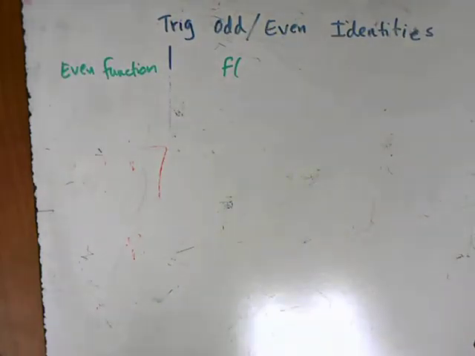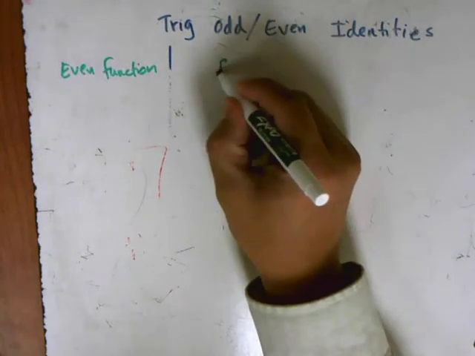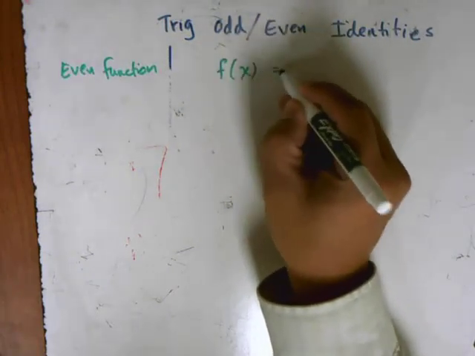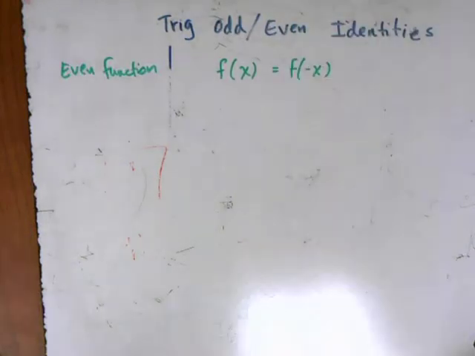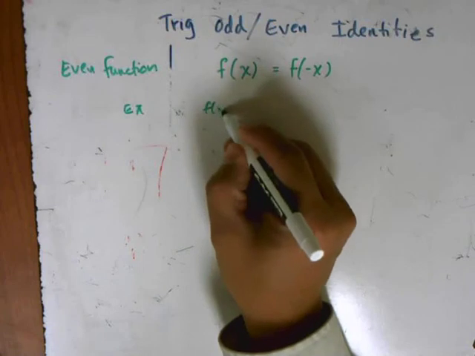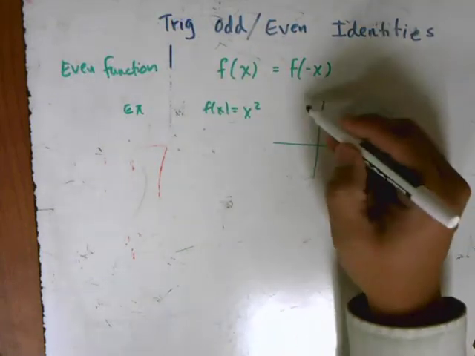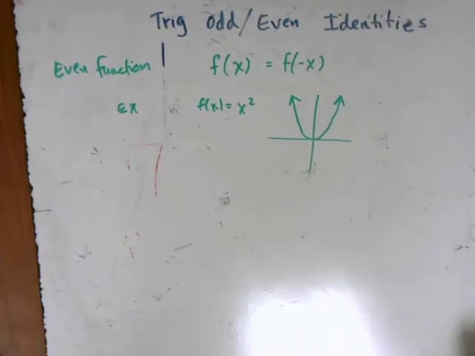Now to switch gears a little bit, let's talk about even functions. If you recall from earlier in the year, the definition of an even function is that f of x is equal to f of negative x. So for example, the f of x equals x squared function looks like a parabola with the vertex at 0, 0.